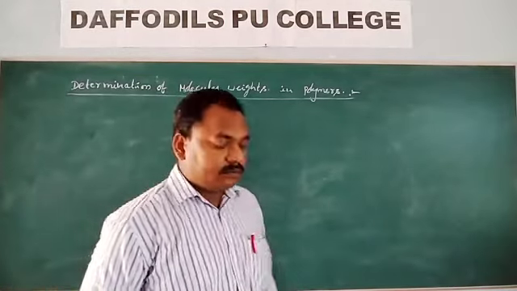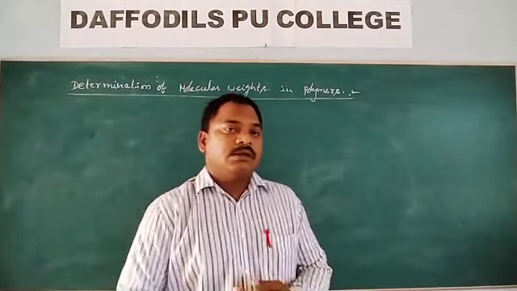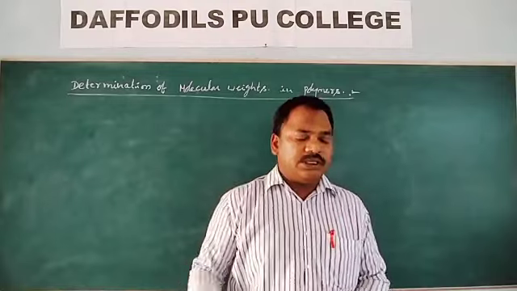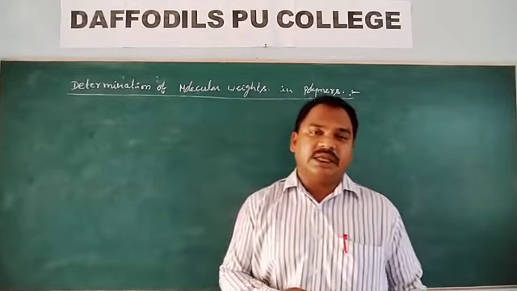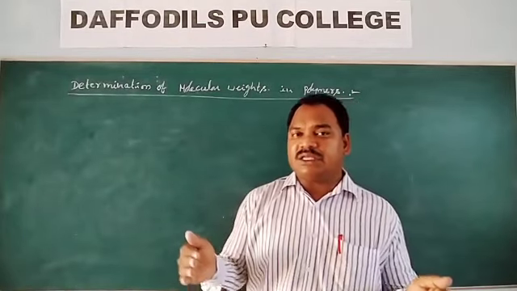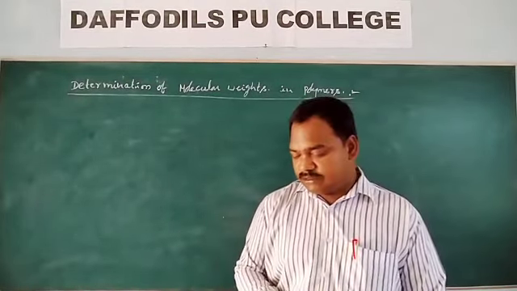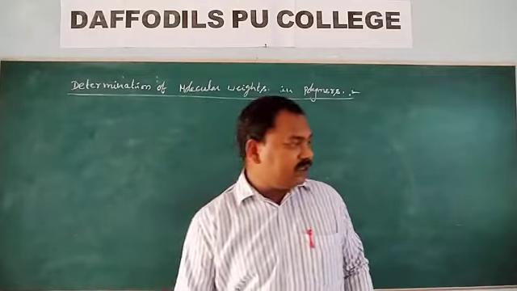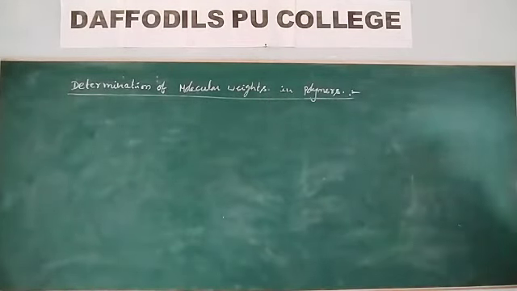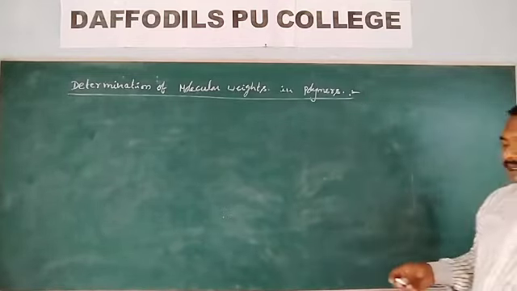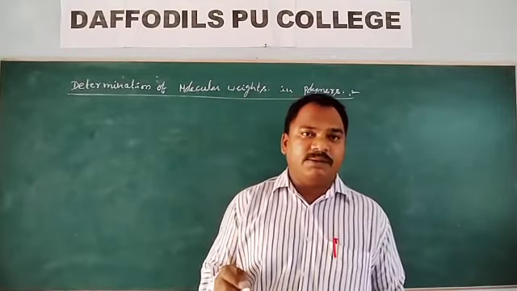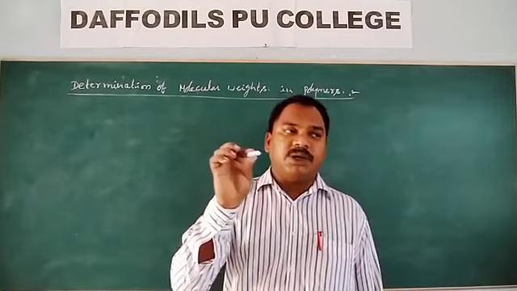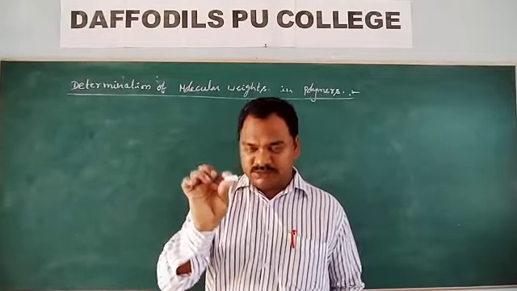Generally, in the case of polymers, molecular weights are expressed as average molecular weights. So why are they using this average molecular weight instead of simple molecular weight? Suppose you prepare a polymer, and its chain length is this much.